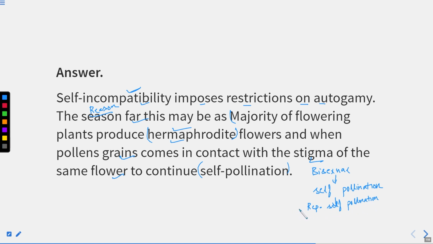After so many self-pollinations, what happens? As we have already discussed, this results in inbreeding depression.